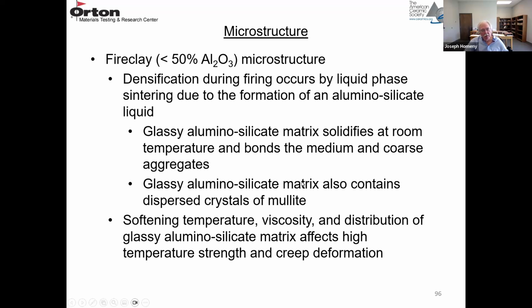And as it crystallizes on cooling, this glassy aluminosilicate matrix, the bonding phase, it's going to develop crystals of mullite. So the softening temperature, viscosity, and distribution of this glass phase, that's the matrix, is going to affect the high temperature strength and creep behavior.